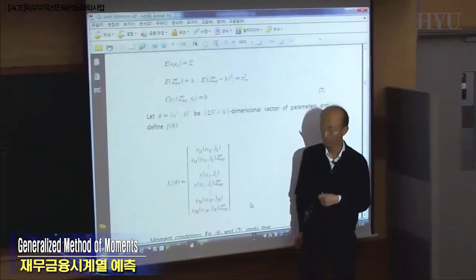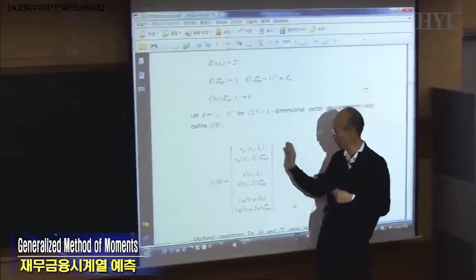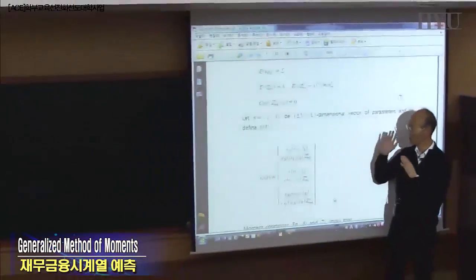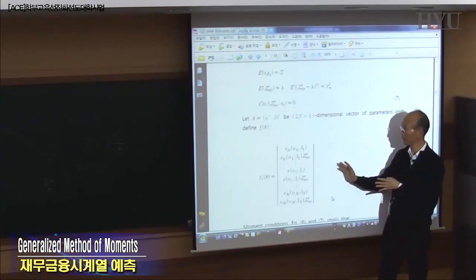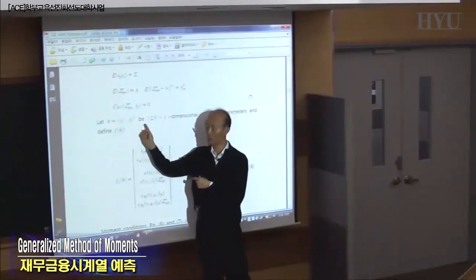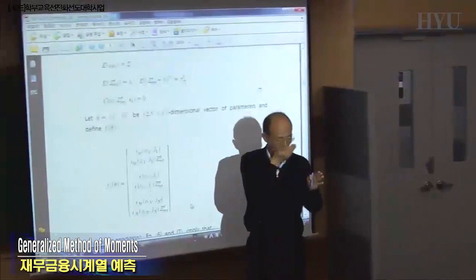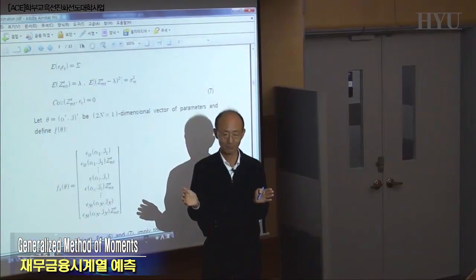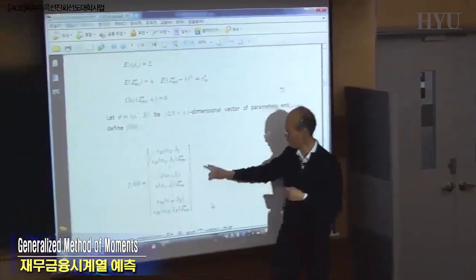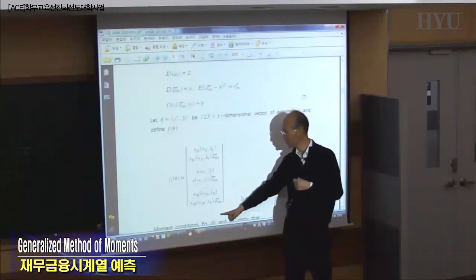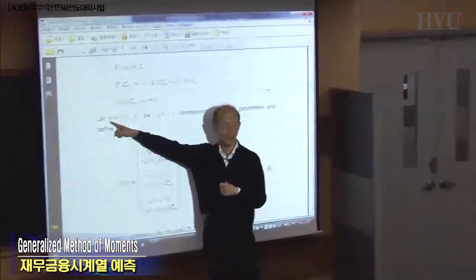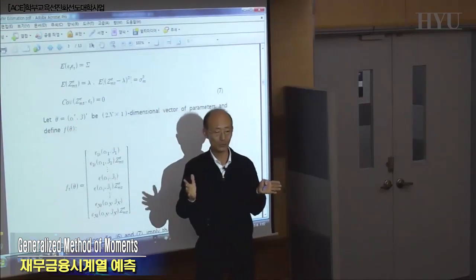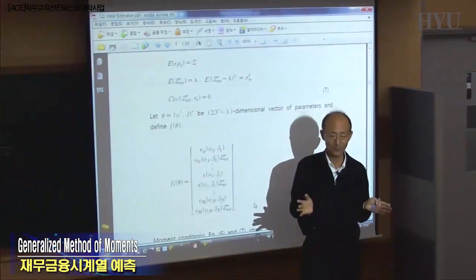Right? So the number of moment conditions is actually the same as the number of parameters to be estimated. The problem is exactly identified. Sometimes you may have more moment conditions than parameters to be estimated. In that case, we say there are over-identifying restrictions.